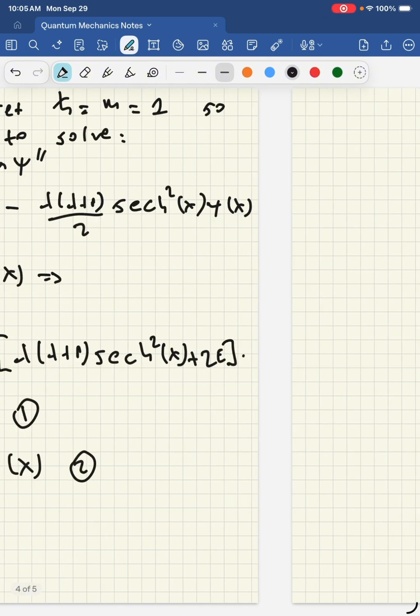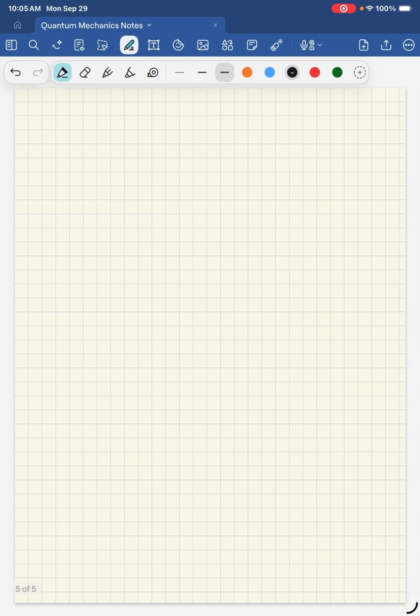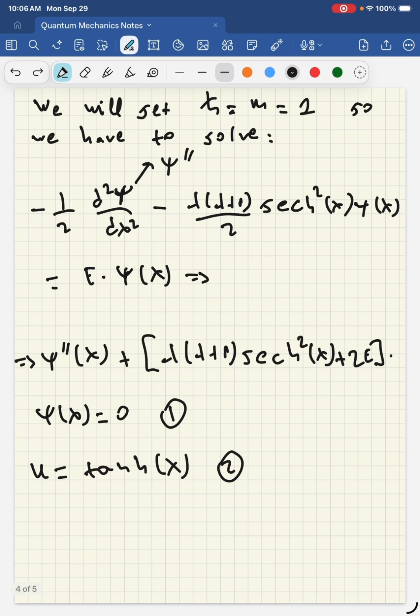With this substitution, we have to replace d over dx with d over du times du over dx. You can see that this makes sense because if we delete this, we get d over dx. Let's work this out. We can find du over dx because we are given an expression that connects u and x.